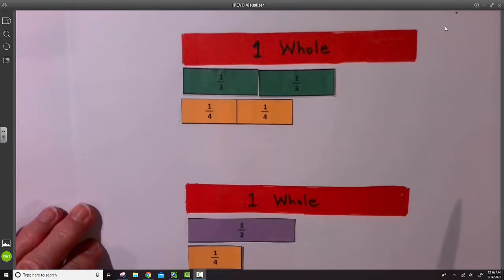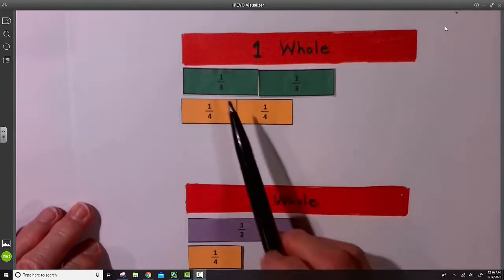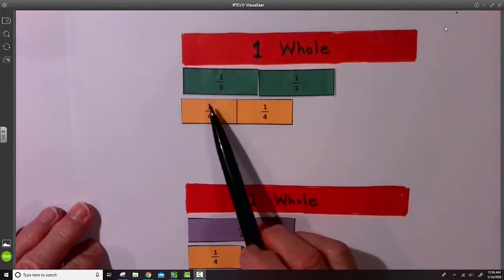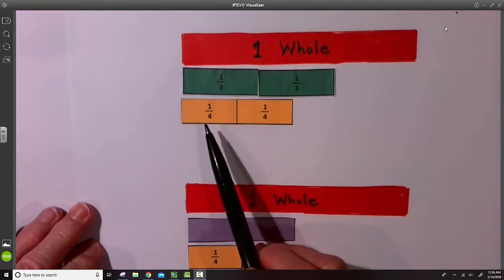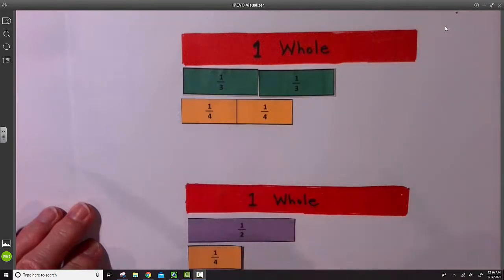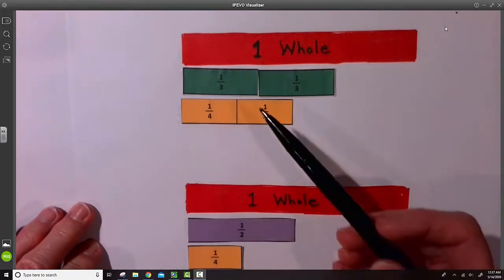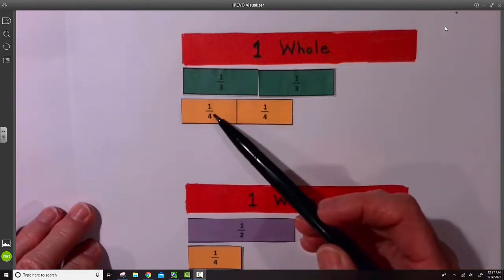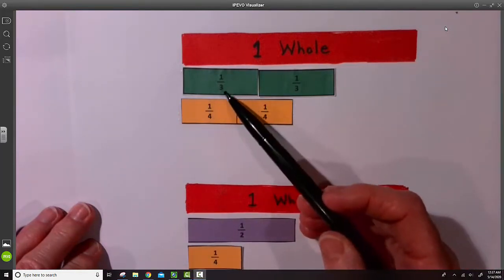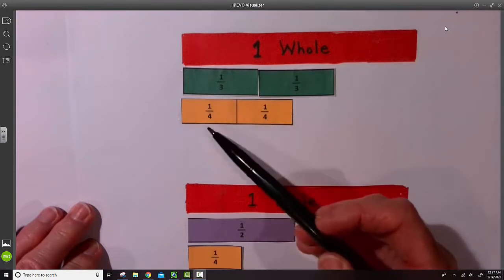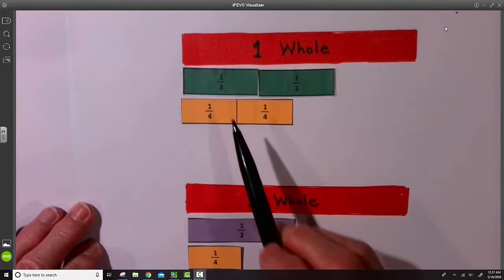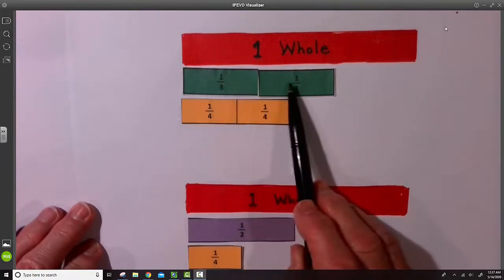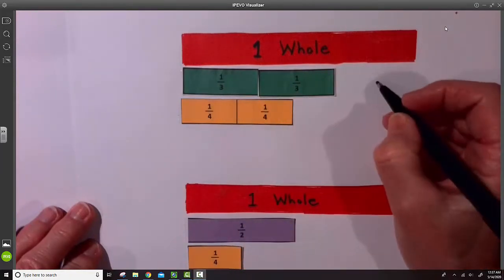Our next lesson is comparing fractions that have the same numerator but different denominators. We thought about fractions and how a smaller denominator means a larger segment or a larger part. So now let's go ahead and reinforce that idea. Our top line we see is 2/3.